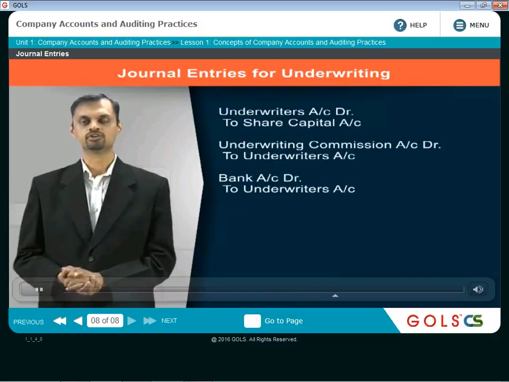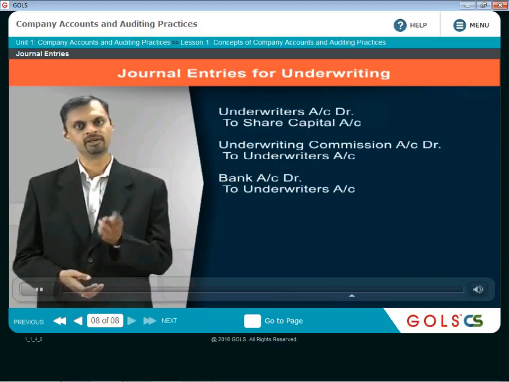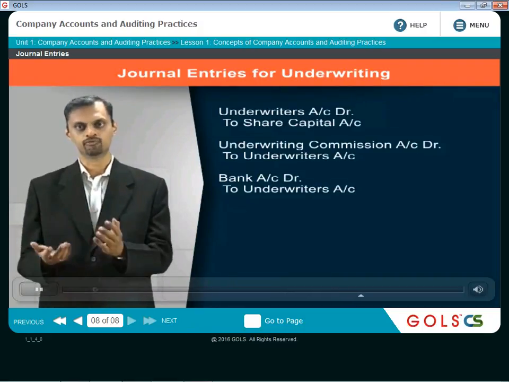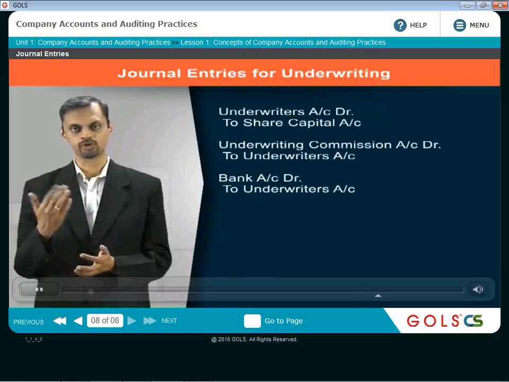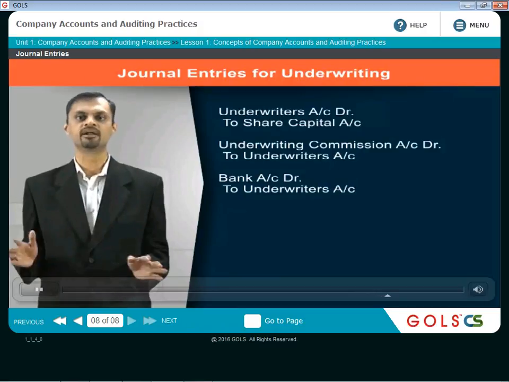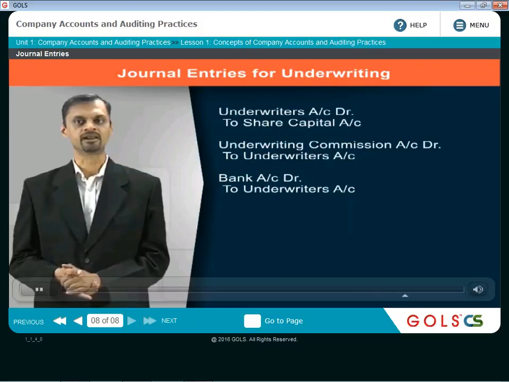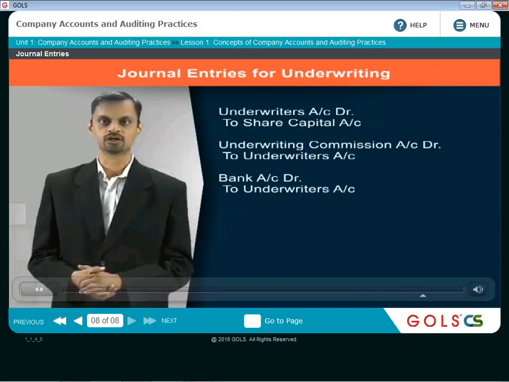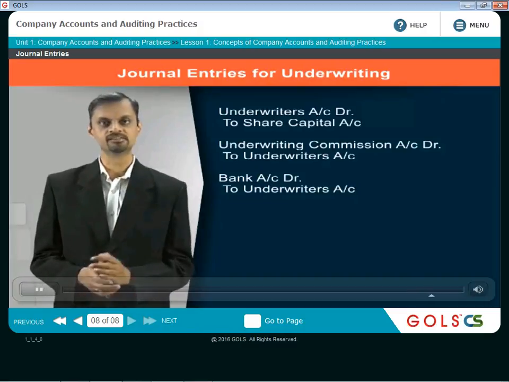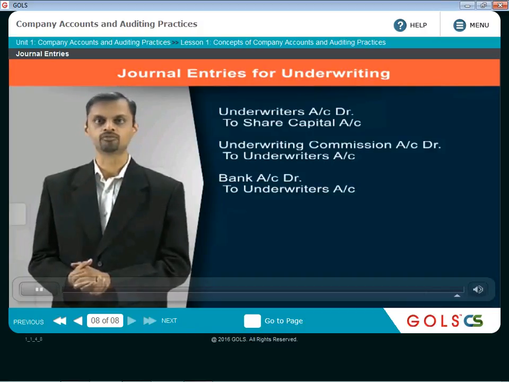So that means the net amount due from the underwriters is 4 rupees, which will be used in the third entry. So 4 rupees bank account debit, because that is the amount that the company is now receiving from the underwriters, and with that the underwriters account will be closed. So to underwriters account. And this underwriting commission account debit is a cost to the company. It is a capital loss which will be written off either through the capital profit or by way of writing off through the profit and loss account.